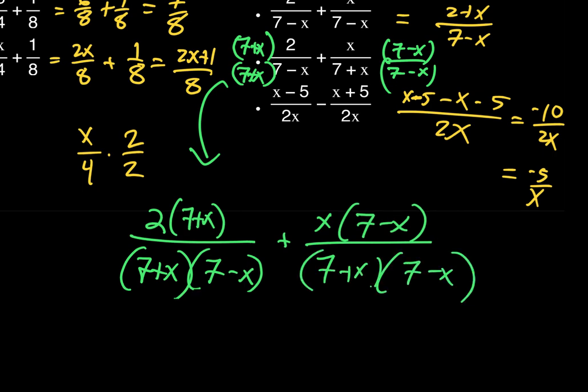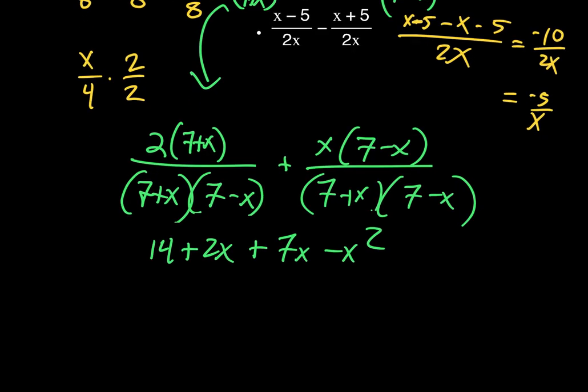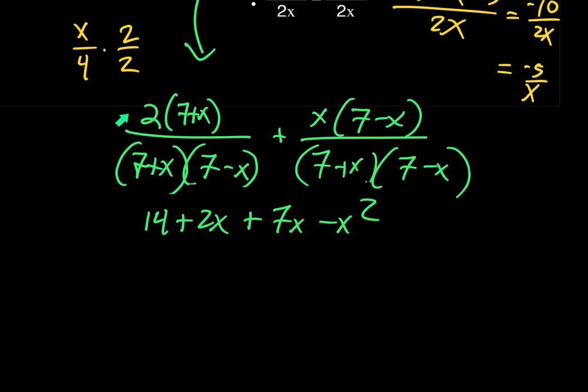They now have the same denominator. Then I can add them up. 14 plus 2x plus 7x minus x squared, which was distributive property.